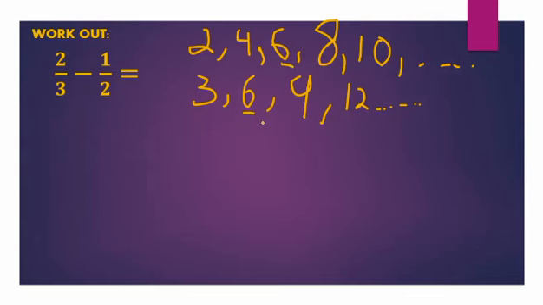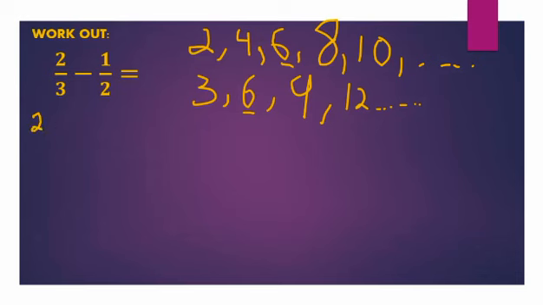So we have to change the denominator 3 into 6 and the denominator 2 into 6, by multiplying 3 by 2 up and down, and multiplying 2 by 3 up and down.